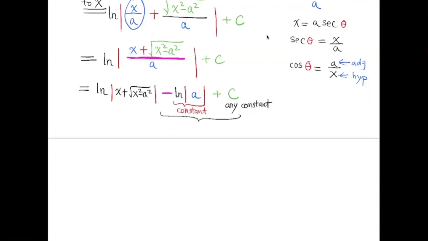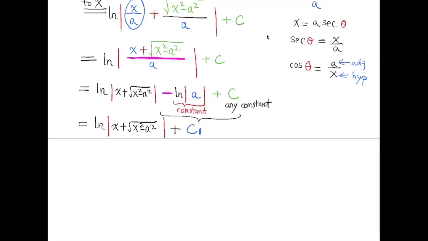Let's call that constant C1. Then this becomes ln of this part over here, and then adding C1, but C1 here is just any constant. Well, that's a lot of work, isn't it? So now we can use it as a formula.